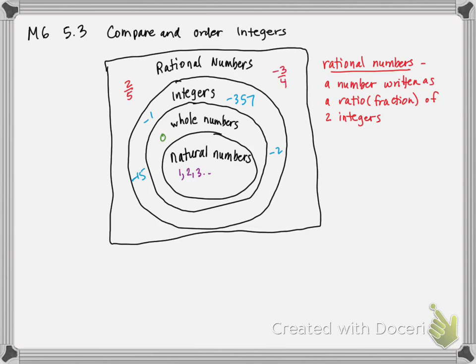Okay, and it could also include mixed numbers, either written with a decimal, like 1.5, but I can convert it to a rational number by changing it to an improper fraction, right?